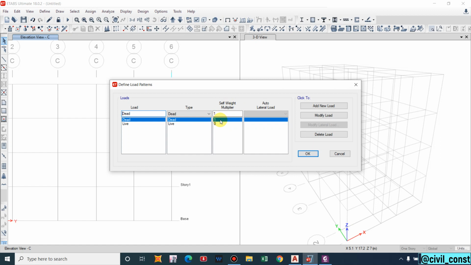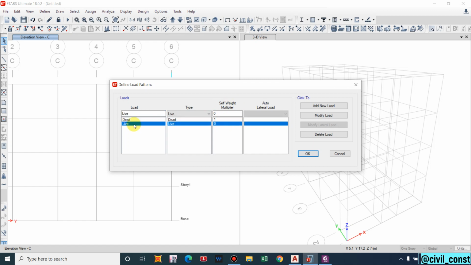If you give 1, it will consider the self weight of the elements you have drawn in the model. For example, we will draw column, beam and slab, so it will take the self weight of the structure. But if we give a value of 0, it will not consider the self weight of the element.